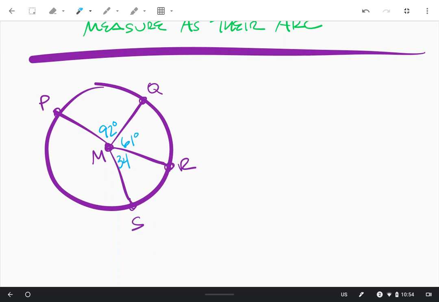So let's say I knew all that information. Well, what else could I know about this? Okay. Well, let's say I was asked what the measure of arc PR is.